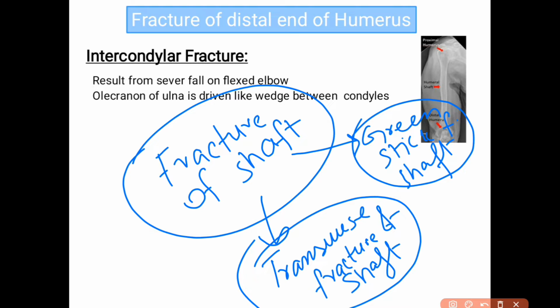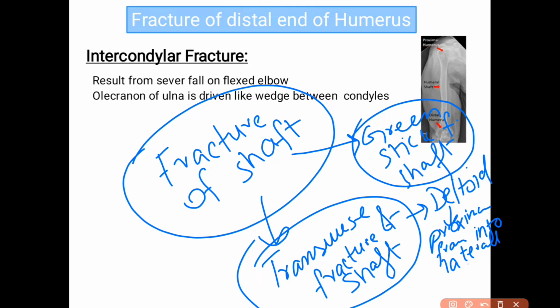So in a transverse fracture of the shaft, the pull of the deltoid muscle carries the proximal fragment into the lateral aspect.